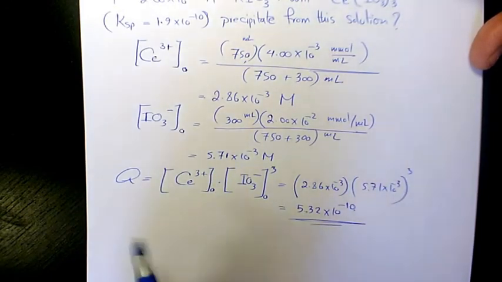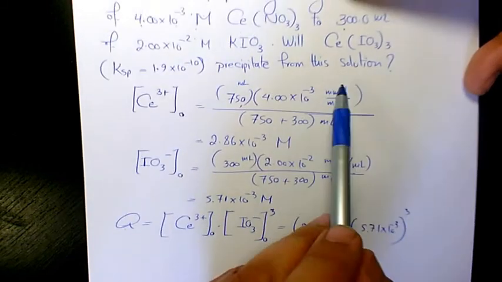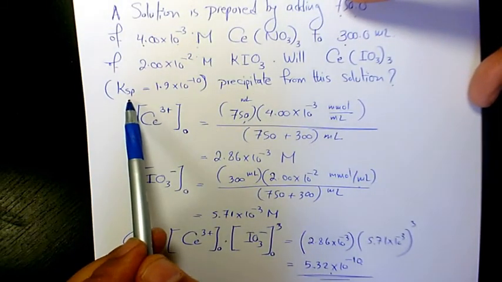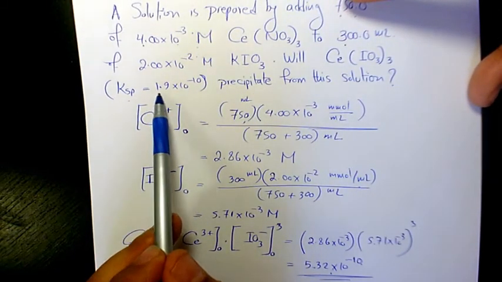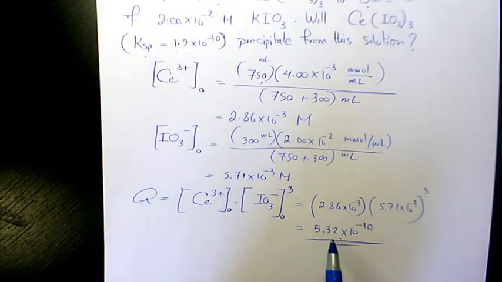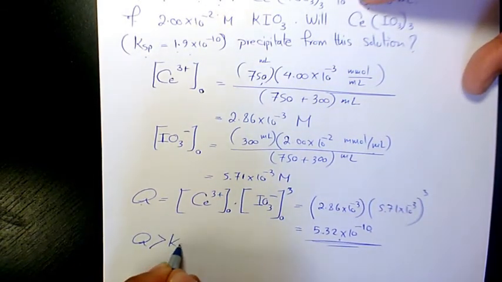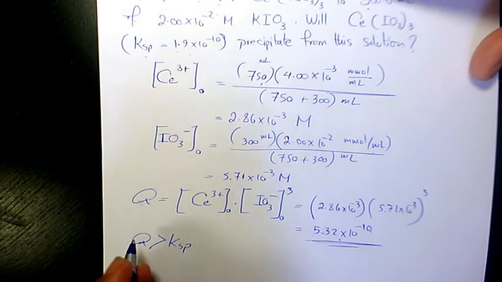Now you need to compare the value of Q with the value of KSP. Here we have KSP as 1.9 times 10 to the power of negative 10. Q is 5.32 times 10 to the power of negative 10. So Q is greater than KSP, so it passed KSP.